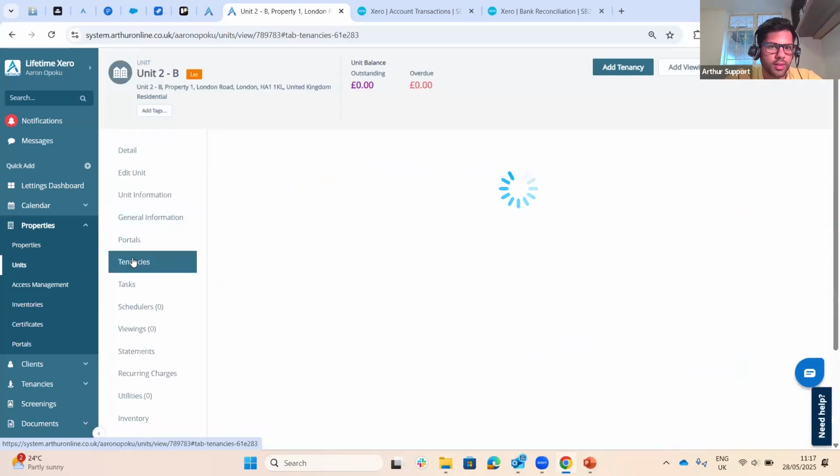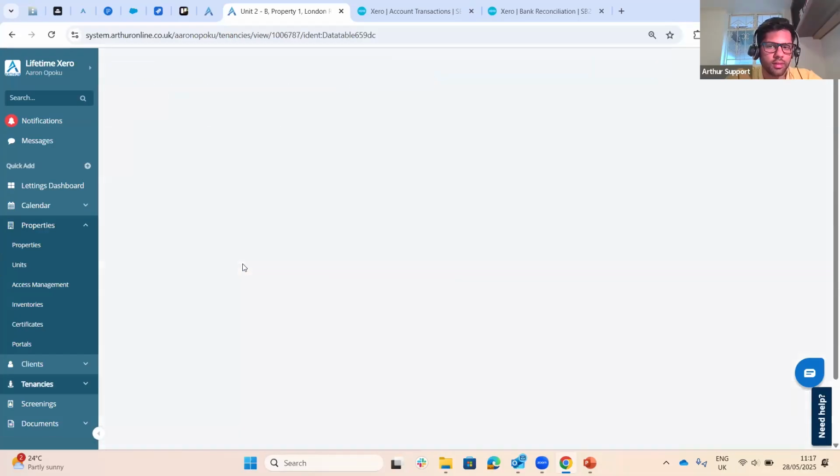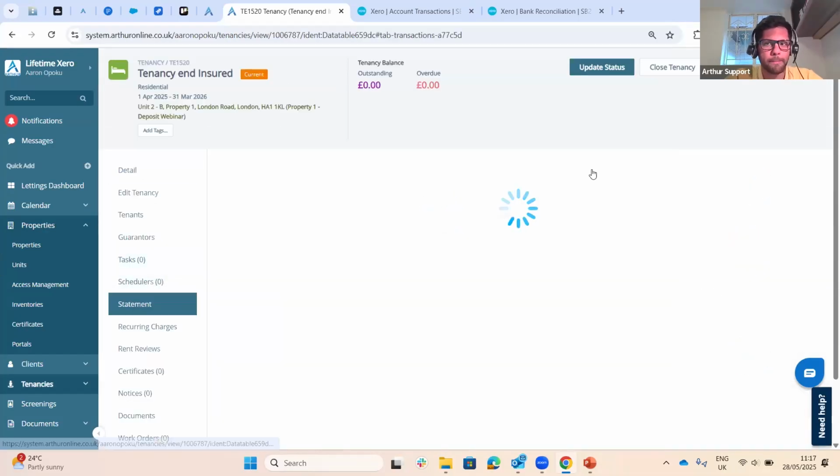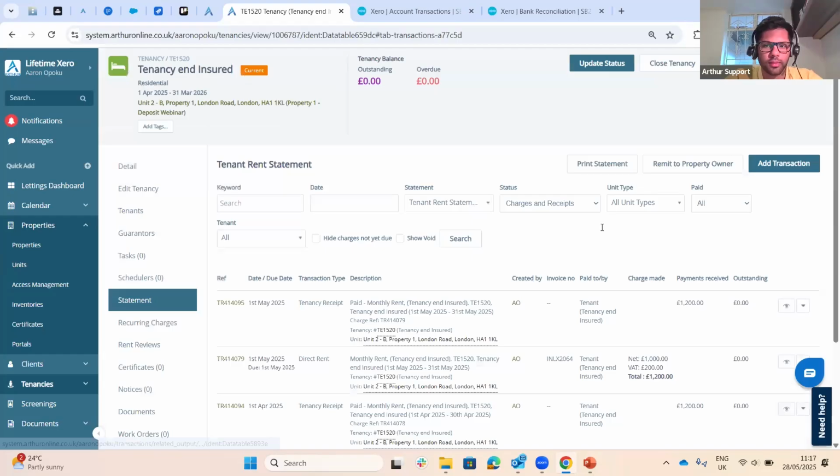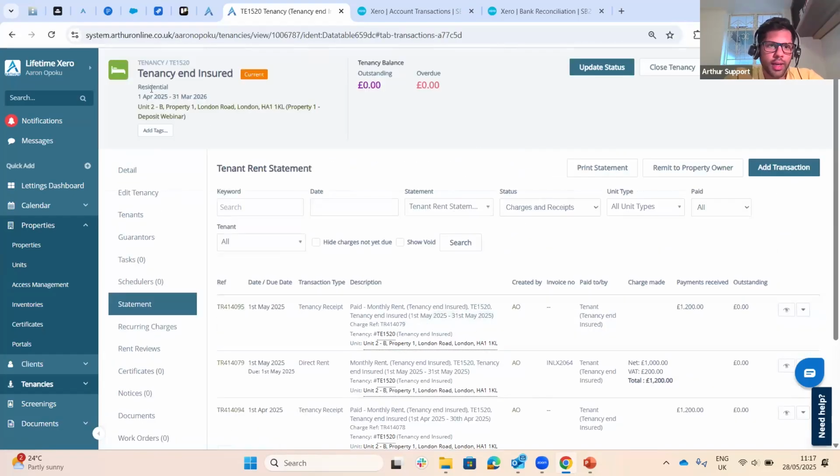So let's just go into this tenancy. So this is an example of the insured scheme and how we would go about closing the tenancy and processing a deposit refund if you are operating under an insured scheme and you're holding the deposit yourselves, which means you would be refunding the deposit directly to the tenant from your own bank account.